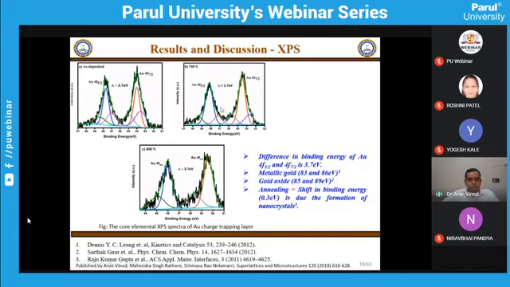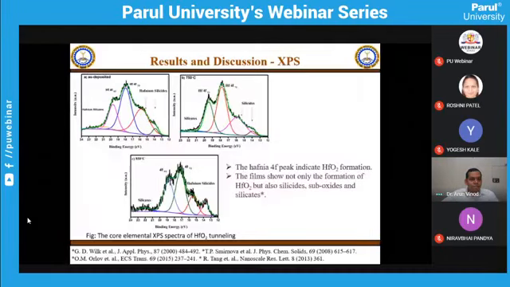But once we increase the annealing temperature, we see a slight shift of the binding energy towards higher binding energy, and this is reported for gold nanocrystals. Through XPS we can also confirm the formation of nanocrystals directly.